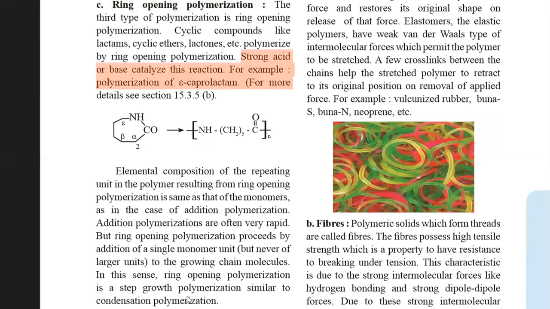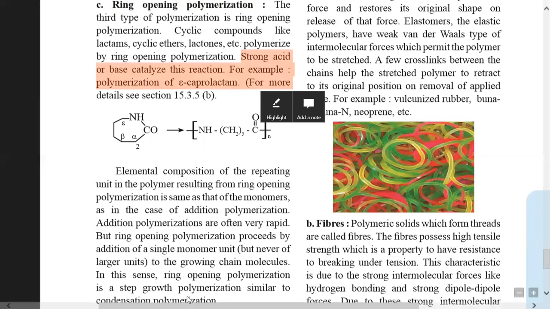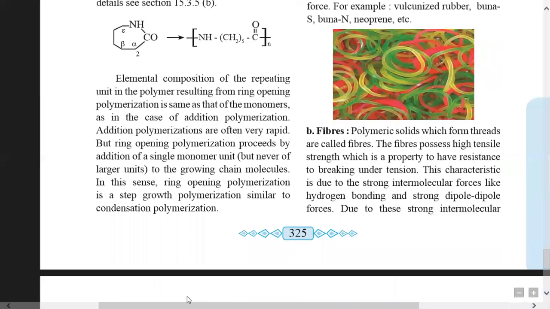Here the example given is epsilon caprolactam. Here CO bonded with CH2 five times and then NH. This is called epsilon caprolactam. Alpha carbon, beta carbon, gamma, delta and epsilon. Here the ring breaks and gives NH-(CH2)5-CO, n times. This is nylon 6.